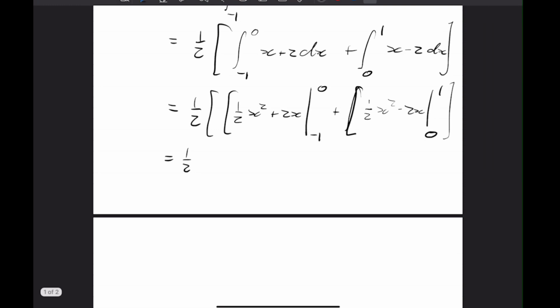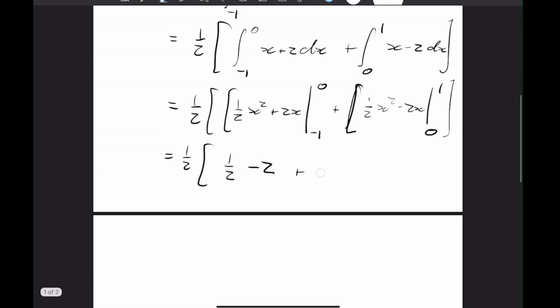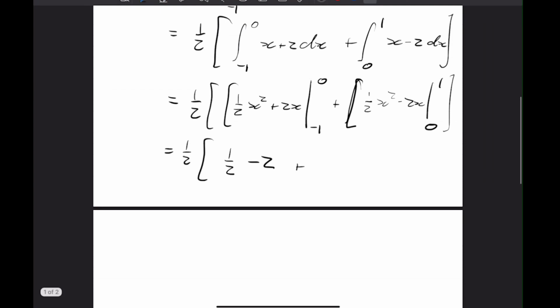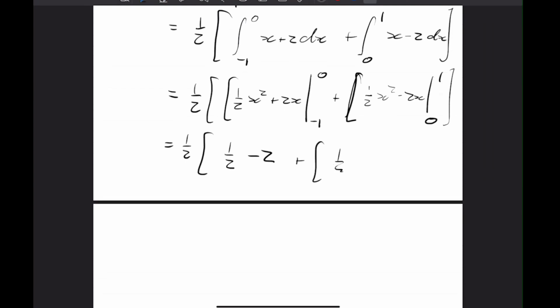And that becomes, and this is just brainless arithmetic, a half minus 2 plus a half, no, let's just be careful. That becomes a half minus 2.